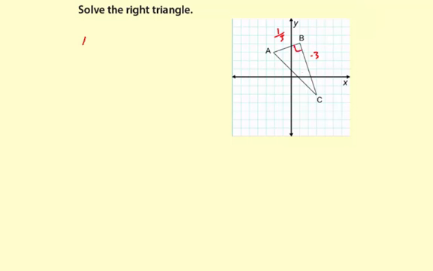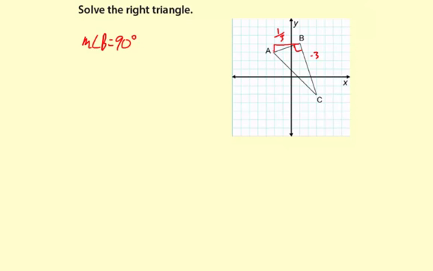So that means segments AB and BC are perpendicular, and we have a right angle here for angle B. So already, measure of angle B equals 90 degrees. Okay, now I'm going to need to find some side lengths, and we're going to have to use the Pythagorean theorem for that. Remember, each side here that's not horizontal or vertical can be made into a right triangle.